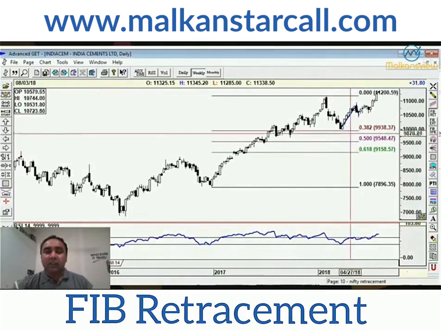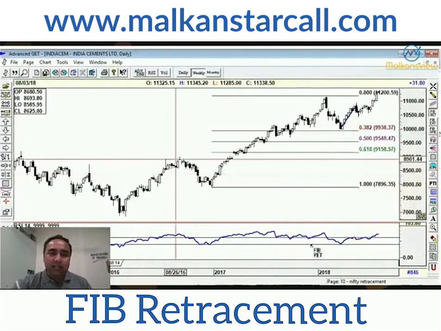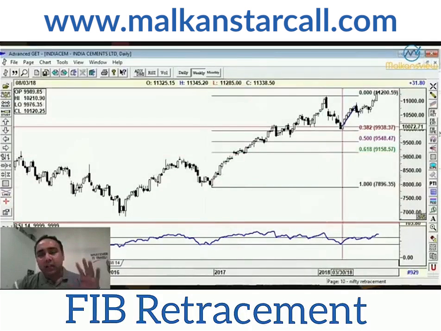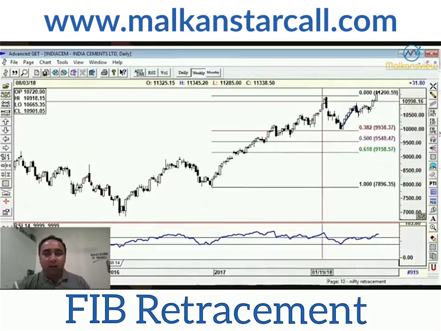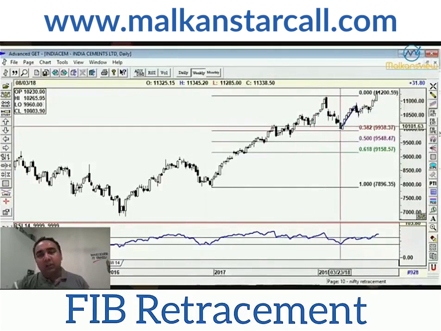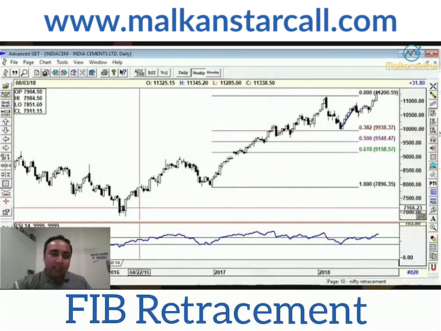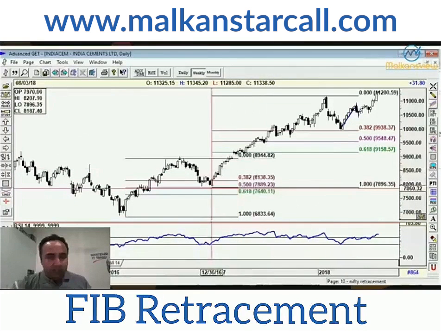Do you see that? Now tell me one thing, let's just think about it. This uptrend went up and retraced 50%, and this uptrend went up and retraced 38%. That means in this case, the bulls are very strong and the bears are weak, because they could not take more than 38% from the bulls. And in this trend, which was the start of an uptrend, the bears took 50% of the trend.